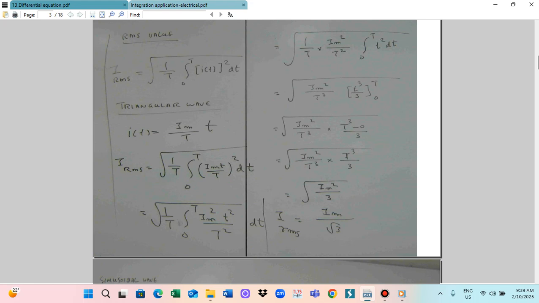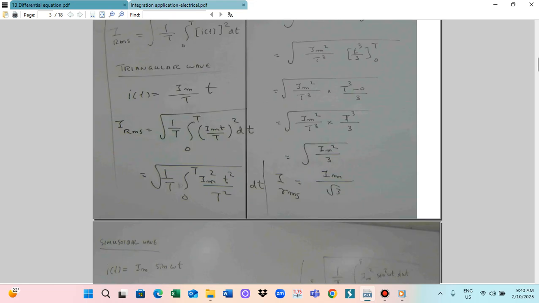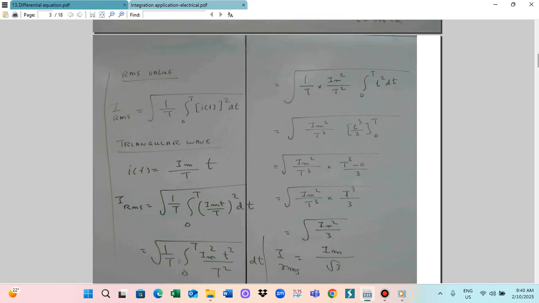Then we have to substitute. Im square is a constant. T square is also constant. So you have to take out the constants. Then it will be 1 by T multiplied by Im square by T square, so this becomes the integration 0 to T of t square dt.